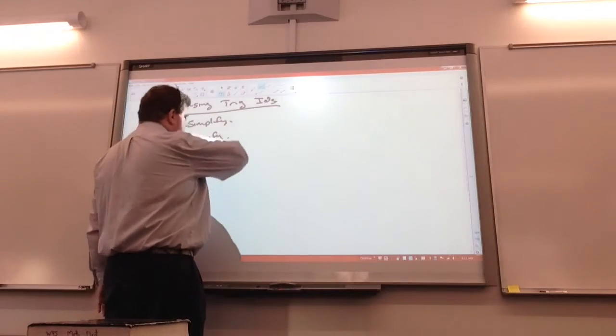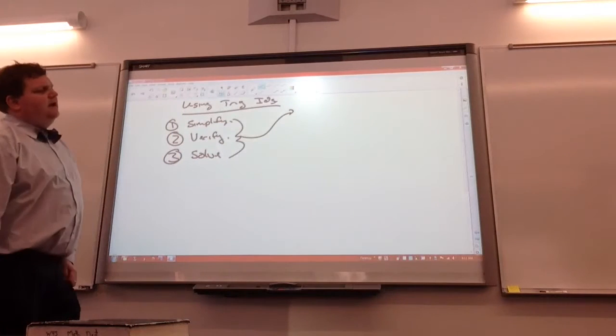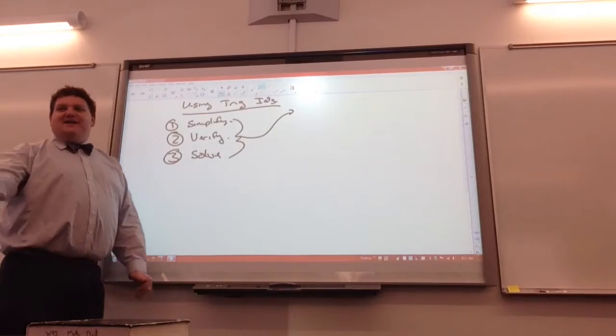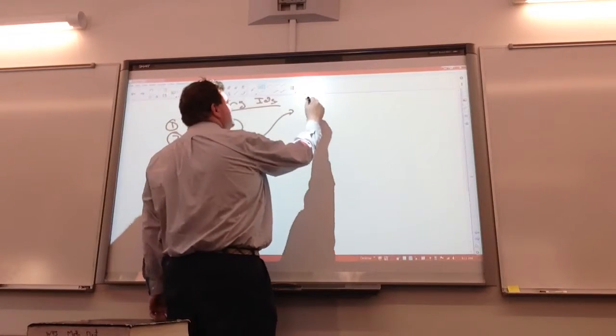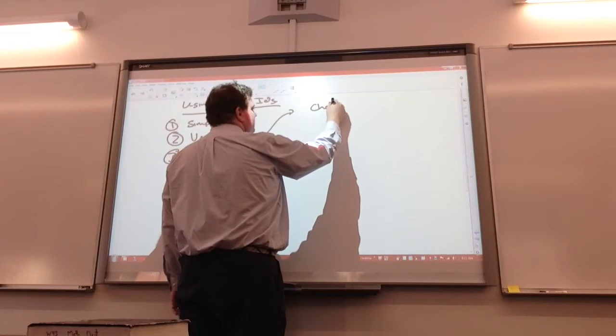But with verifying, in all three cases though, there's a good list of steps you want to follow. So what would be the first step? Hardest side first. Use the hardest side, so basically choose the harder side first.